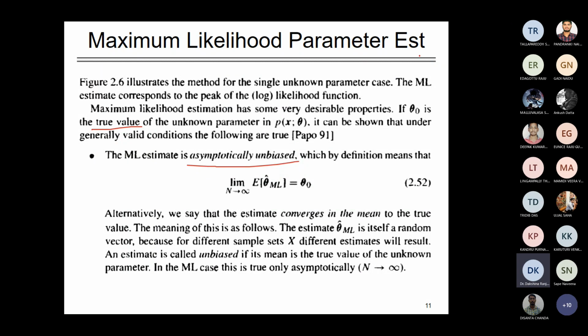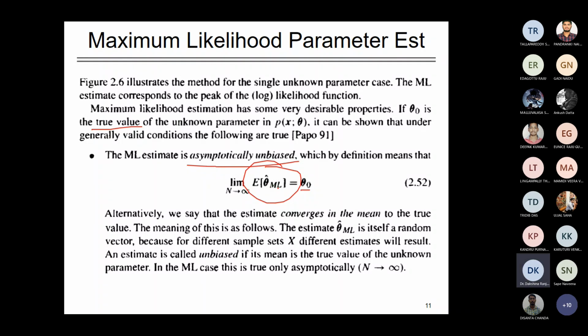By definition, here we are taking the limit. So the limit of this estimation theta cap ML equals theta 0. So at point theta 0 we get the true value. Okay, and this true value can be achieved by taking the limit n tends to infinity over this estimation theta cap ML.